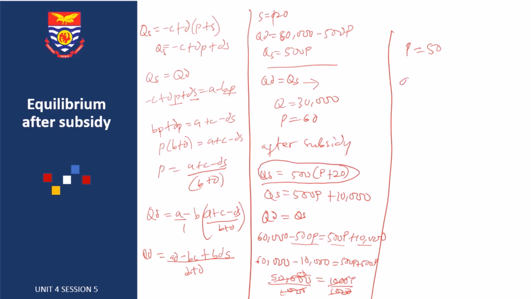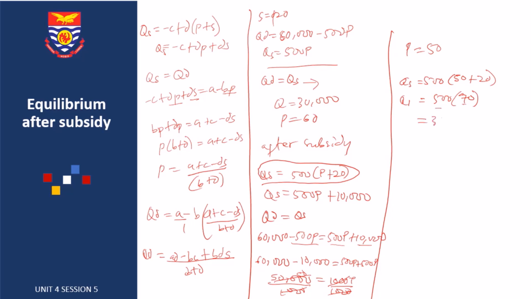So our QS now becomes 500 times 50 plus 20, so I am going to get 500 times 70. True or false? 500 times 70. 7 times 5 is 35.